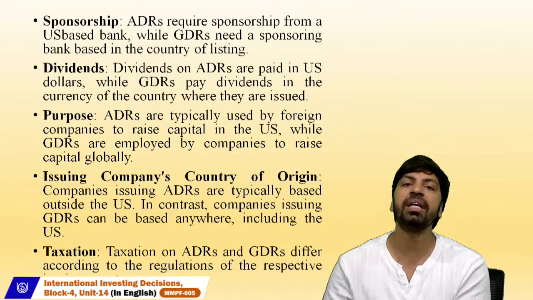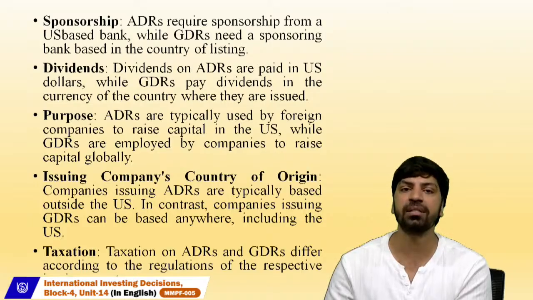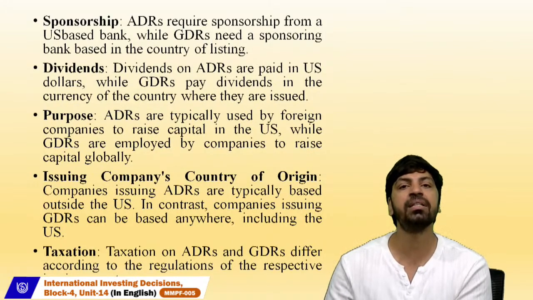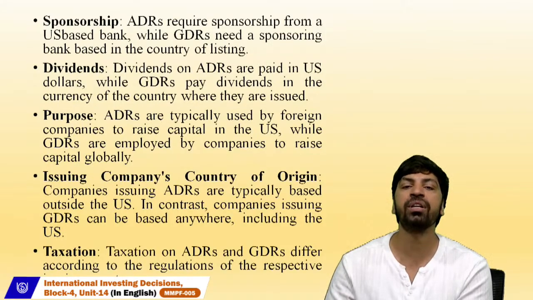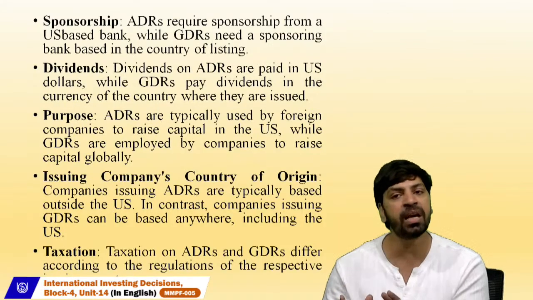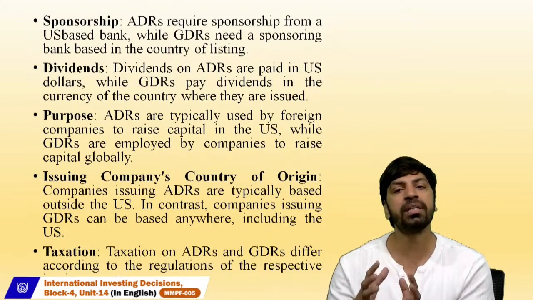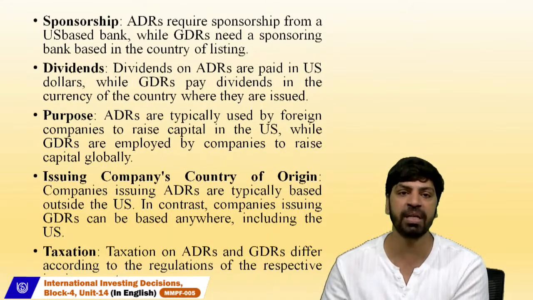Dividends: dividends on ADRs are paid in US dollars and GDRs pay dividends in the currency of the country where they are issued. If it is India, the dividend will be paid in Indian rupees.